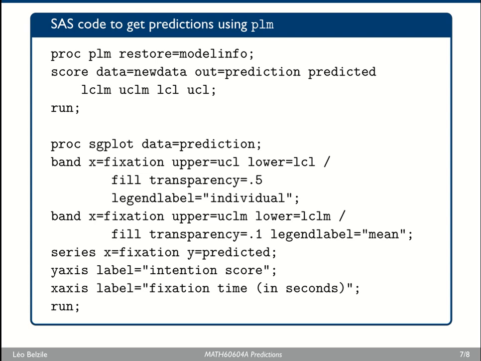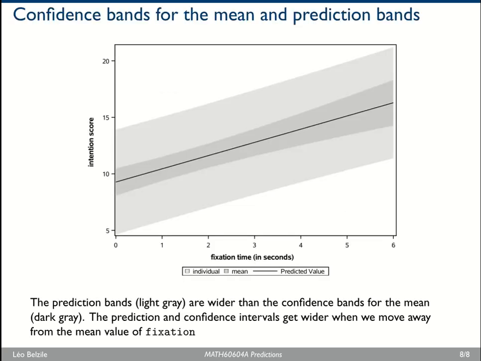I'm going to predict because I had multiple copies of this person. You can see how this would vary for this particular set of covariates as we change fixation time. And I'm going to add a band to show you the pointwise confidence intervals for both individuals and average observations. This is just a standard plotting procedure. And here is the result.